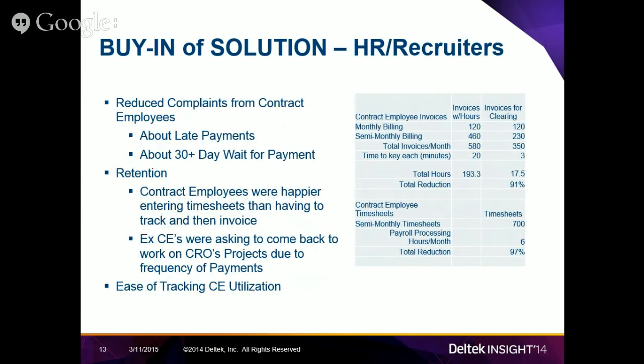They weren't worried about the 30-day wait period, because one of the things that I was proposing is to put them on a semi-monthly schedule as well. So if they did a timesheet ending from the 1st through the 15th, they were paid by the 22nd. And if they did a timesheet for the 16th through the last day of the month, they were getting paid by the 7th of the month.